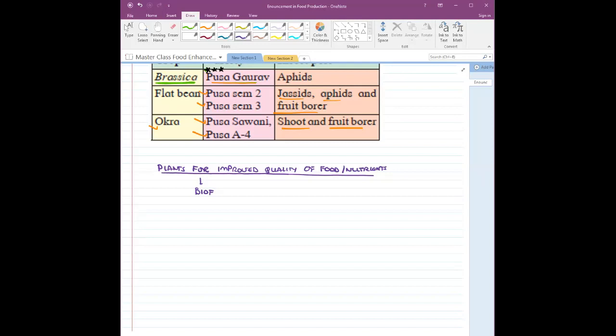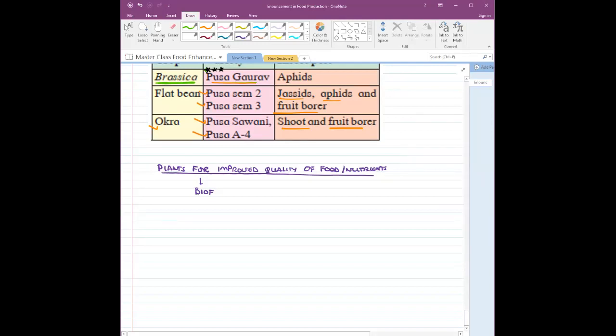When you add extra stuff at the time of processing of the product, then it is called fortification. Okay, so you must have heard of fortified atta, fortified poha, fortified salts sometimes, right? So iodized salt is fortified salt. Okay, so that is nothing but your fortification.